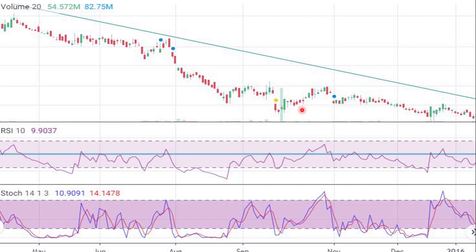And also here we have another good selling signal at this point, when before this signal we were in the overbought zone in both of the indicators.